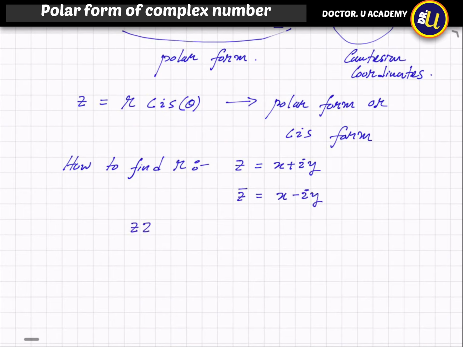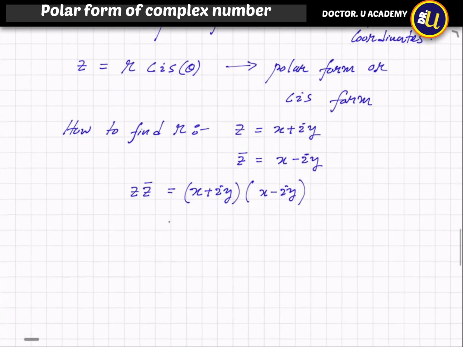Now if you multiply those two together, you get x plus iy multiplied with x minus iy. Then this is going to be x squared minus ixy plus iyx, then you get minus i squared y squared.